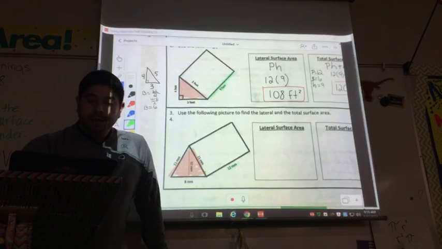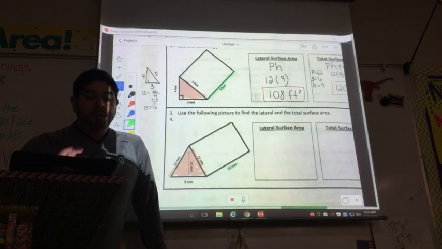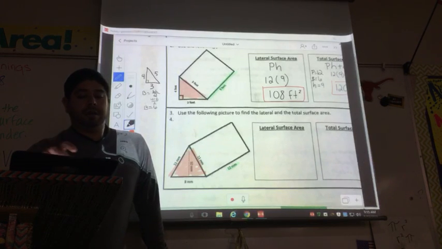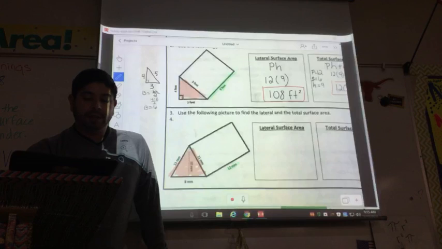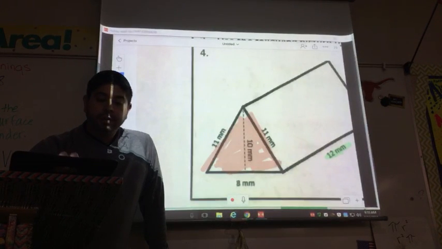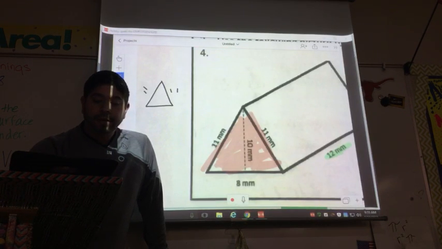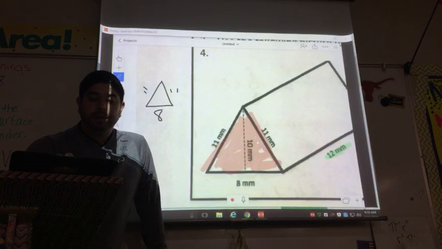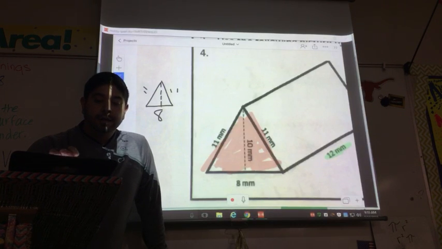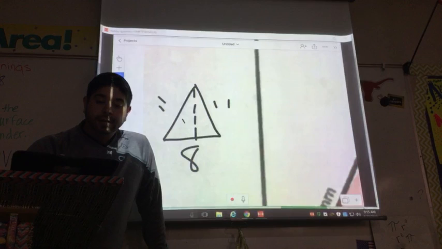It's gonna be my height. Hey, let's be quiet for a little bit till we get this done. We draw the triangle. 11, 11, and 8. And then what's inside is 10.